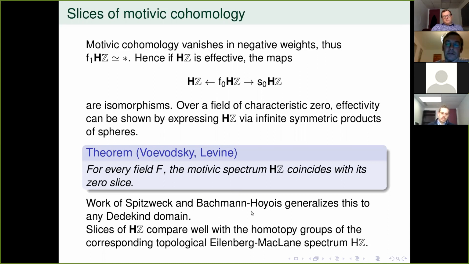This generalization is due to Tom Bachmann and Marc Hoyois. Again, this motivic homology then has a single non-zero slice, which is the zero slice itself. This is the same as the homotopy groups of the topological Eilenberg-MacLane spectrum. So that again compares well.